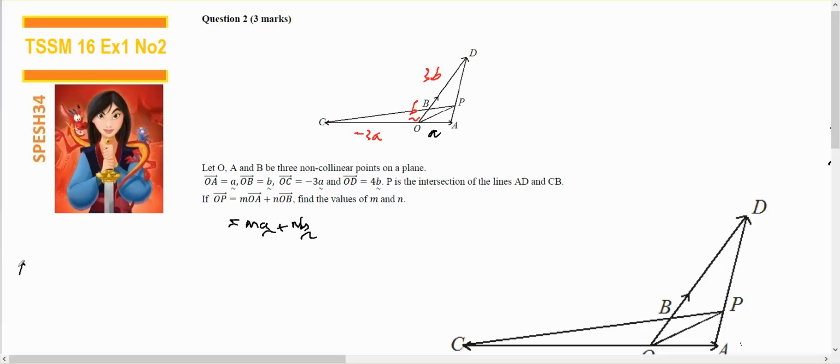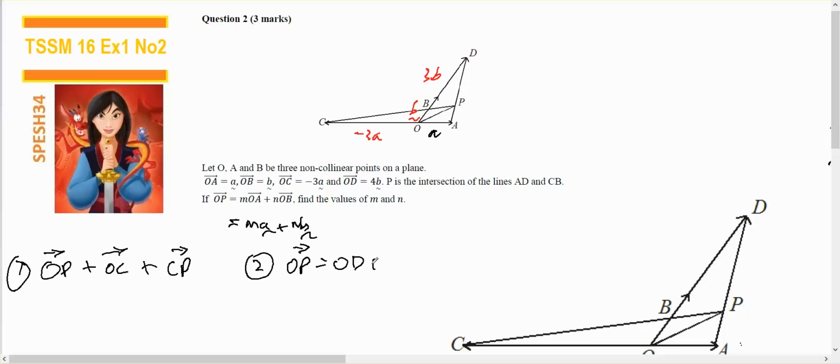So number one will be OP equals OC plus CP. And going the other way, OP is equal to OD plus DP.